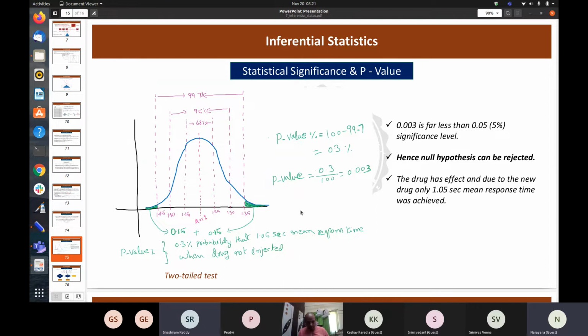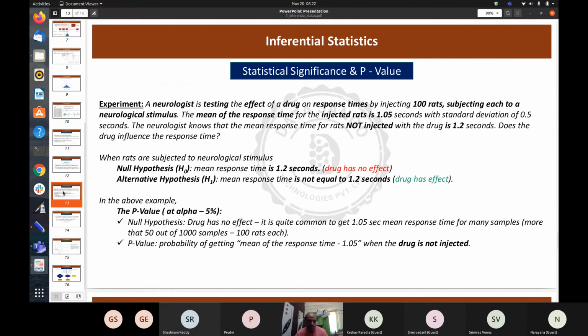But we are taking this 0.15 for the left side and 0.15 for the right side. That is already a percentage, right? So do we need to divide it again by 100? Yes, I did here. This 0.3 is actually the sum of these two when you do a two-tail test.